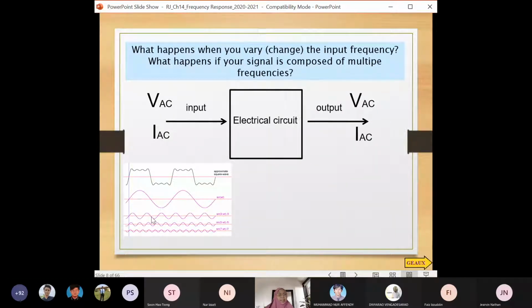And the second signal is a sine wave. A sine wave can be represented by its mathematical function, sine omega t, where omega is the frequency of the signal. The third wave is sine 3 omega t, but divided by 3.